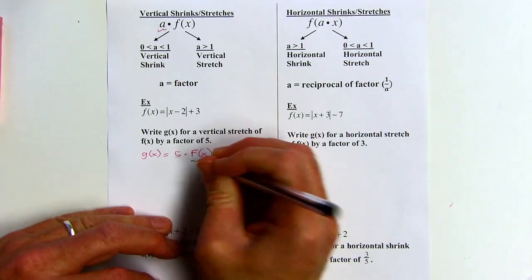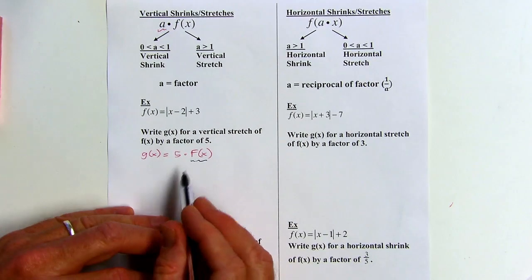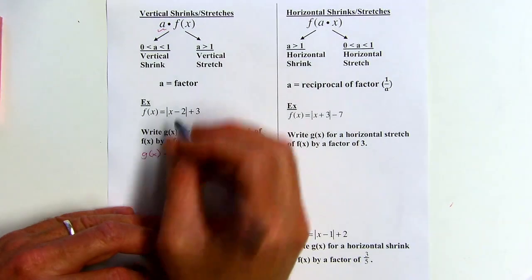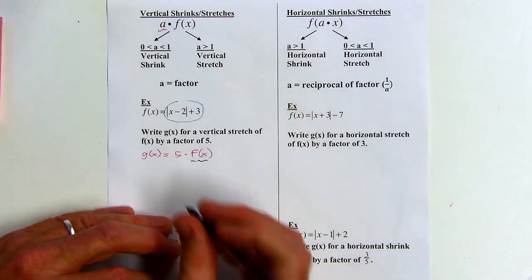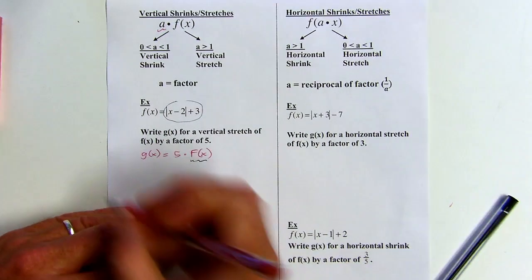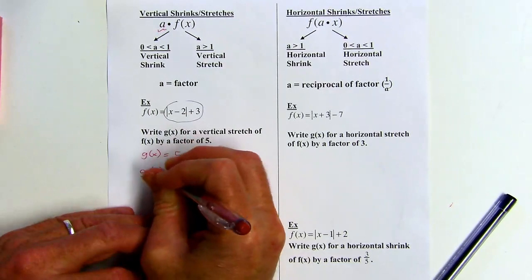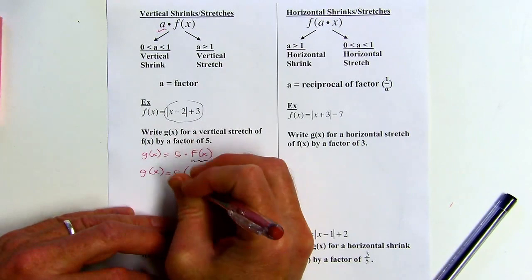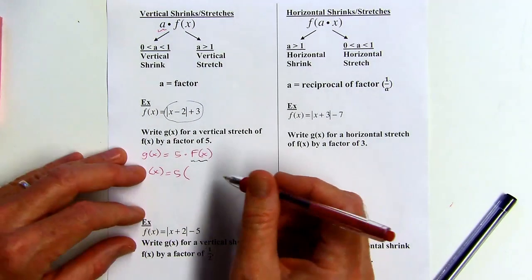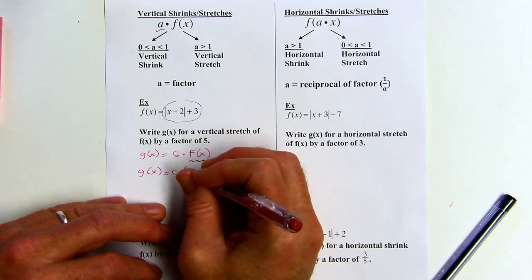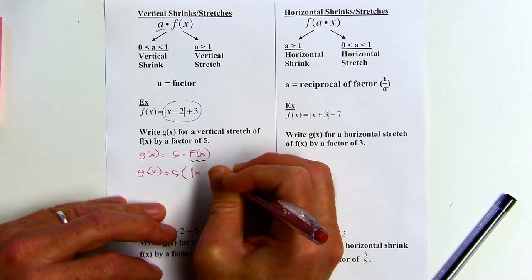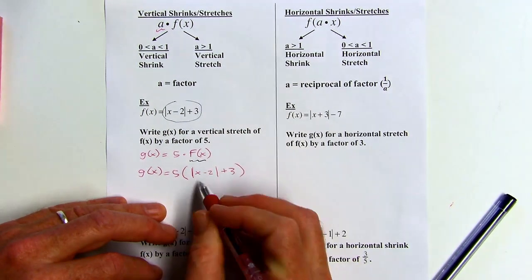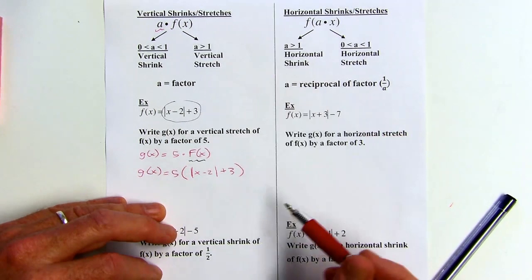Well, I'm going to substitute in where it says f of x. Okay, because right above I can see f of x is equivalent to all of this. So I'm going to substitute in, and it's really important to use parentheses when you do this. So this is going to be the absolute value of x minus 2 plus 3. Right, I just substituted that in where the f of x was.